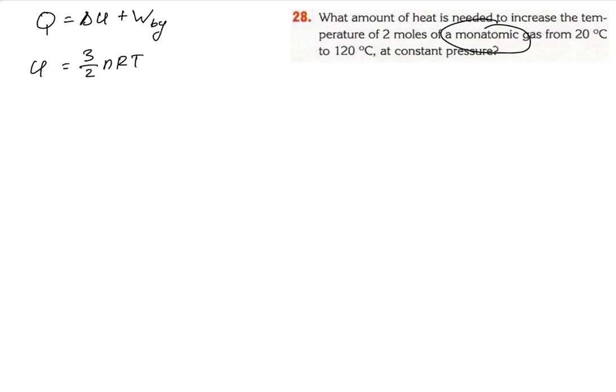Also, at constant pressure, the work done is equal to P delta V. And by applying the ideal gas equation, we will substitute work with nR delta T, because instead of volume change, the change in temperature is given.